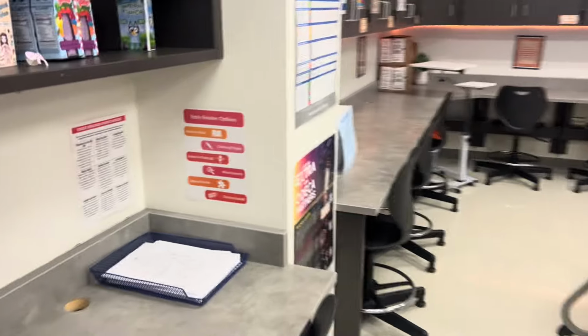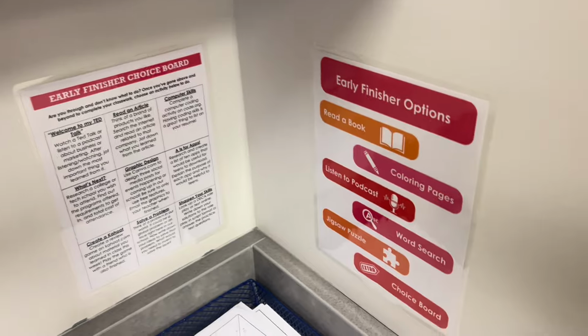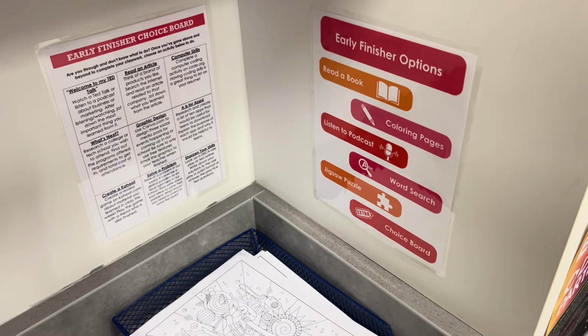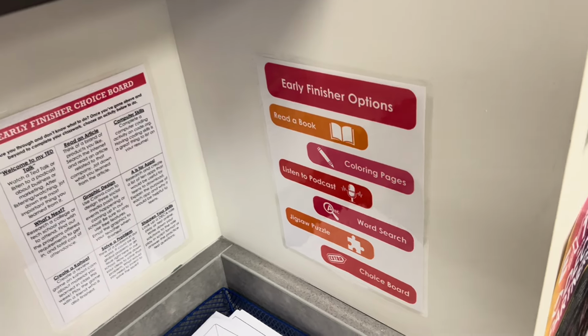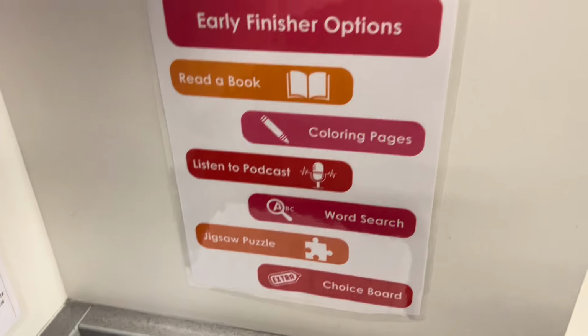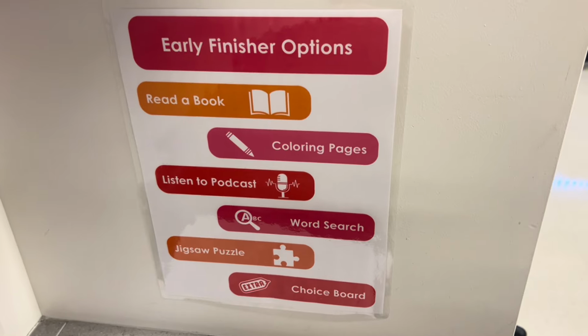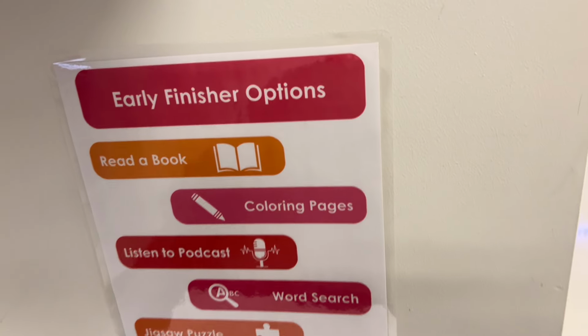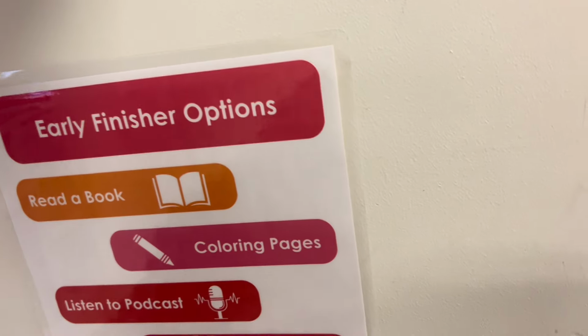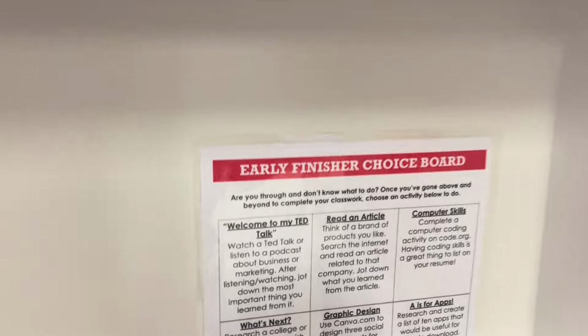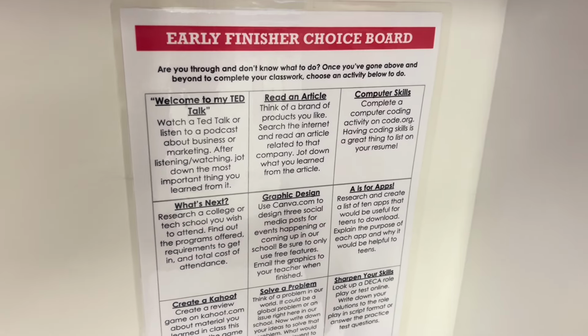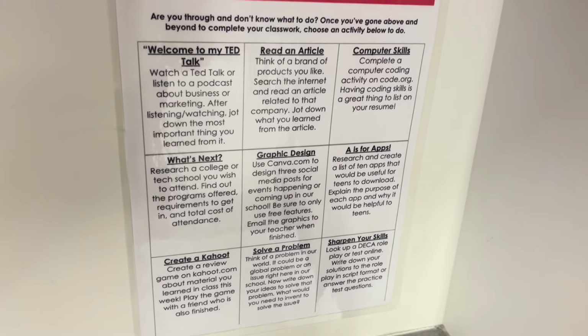This is a cool little area I've made. This is for early finishers, so if you get done with something in class and you don't know what to do, there's some options that I give them. And then they also are able to get extra credit if they want to do one of these. So this is a choice board, and I explained it at the beginning of the year.